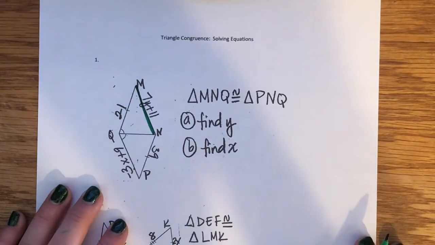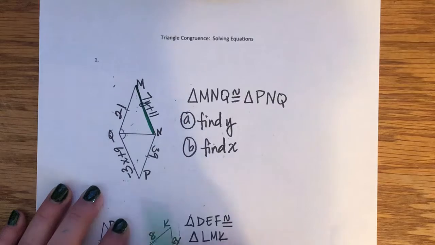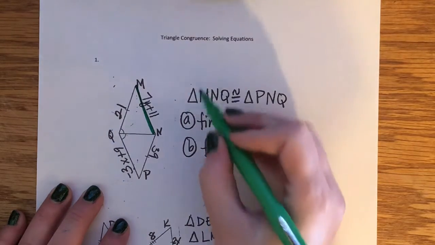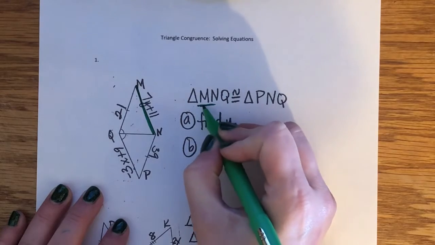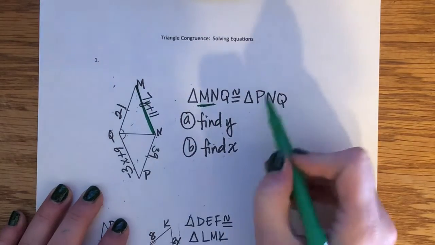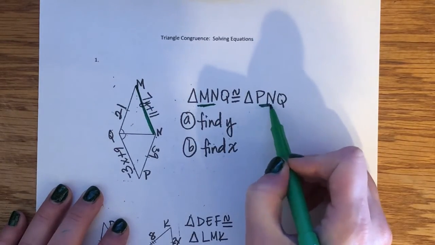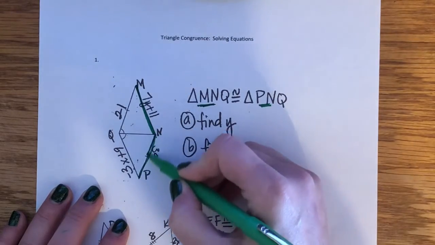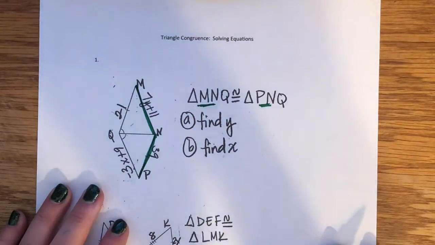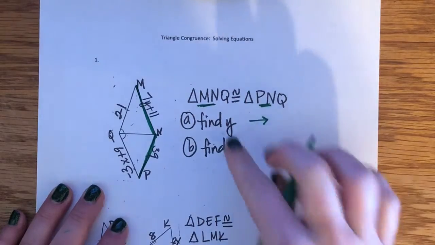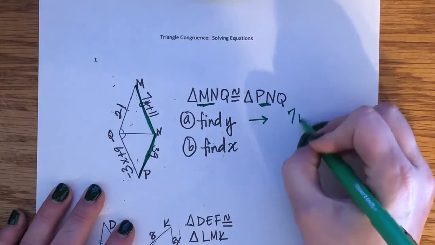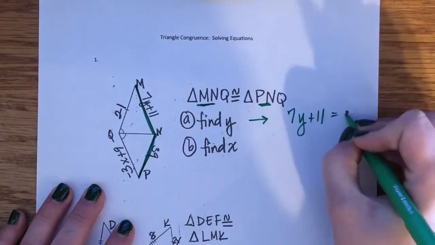So that's going to be 7y plus 11. But now I need to figure out what side corresponds to it. So 7y plus 11 is going to be MN. MN should correspond with PN. So these 2 are going to go together. So to set up the equation for finding y, I'm going to say 7y plus 11 equals 39.